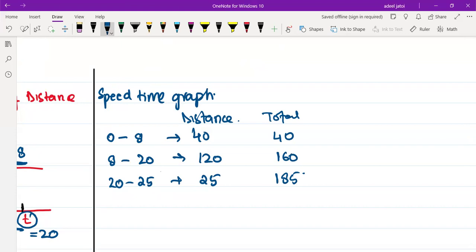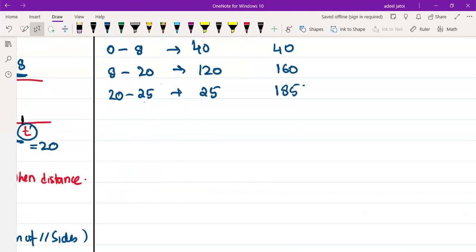But what you need to understand is, just like cumulative frequency curve, you'll be drawing the distance time graph as cumulative frequency. That means at 8, you'll be writing down 40 total. At 20, you'll be marking what? At 25, you'll be marking what? Because when you're doing distance time graph, that means that you are dealing with the total distance.